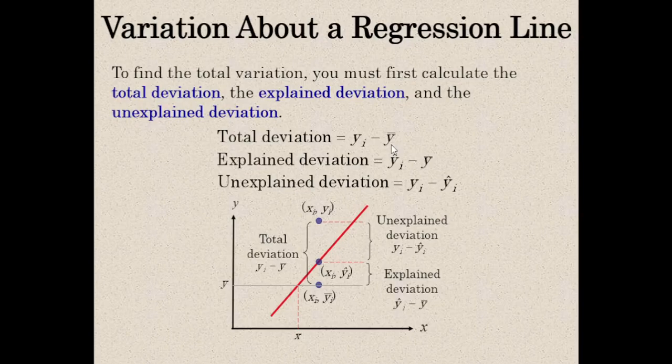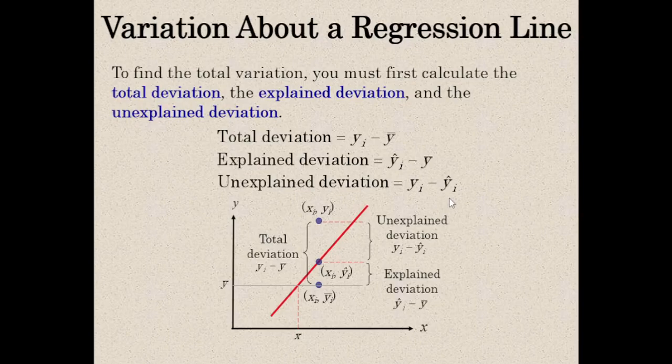What is explained deviation? It is the predicted value minus the mean value. That is the explained deviation. And what is unexplained deviation? That is the observed value minus the predicted value.